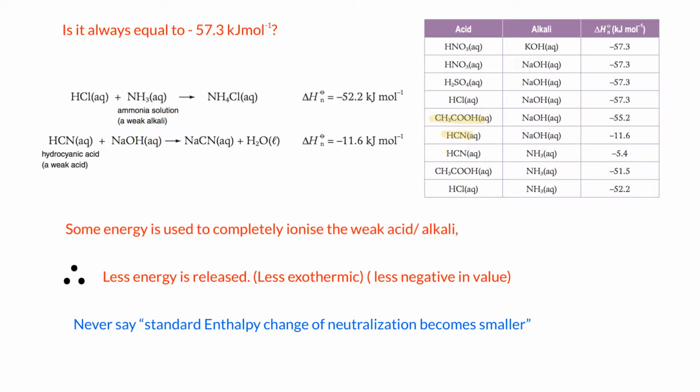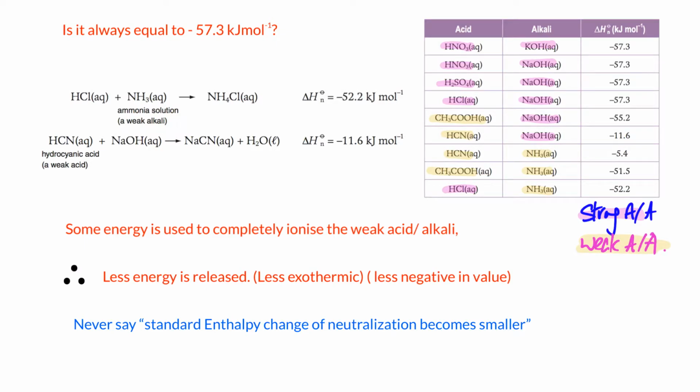identify some weak acid and weak alkaline in it. If you're using the strong ones like HNO3, H2SO4, all of these are strong acids and alkalis. Is that right? So this one, we're talking about the strong acid or alkaline, while the yellow one, we're referring to the weak acid or alkali.